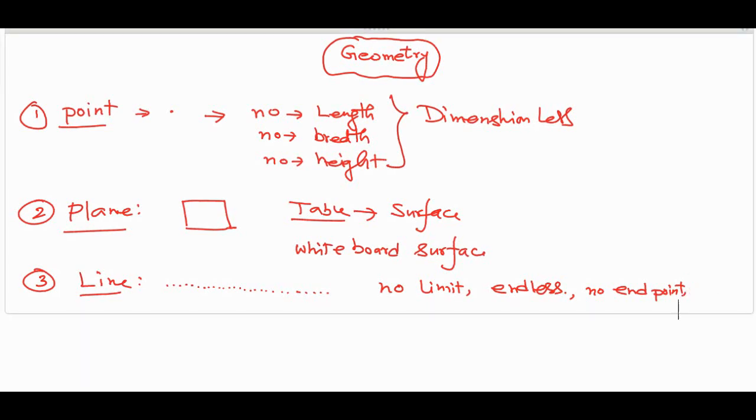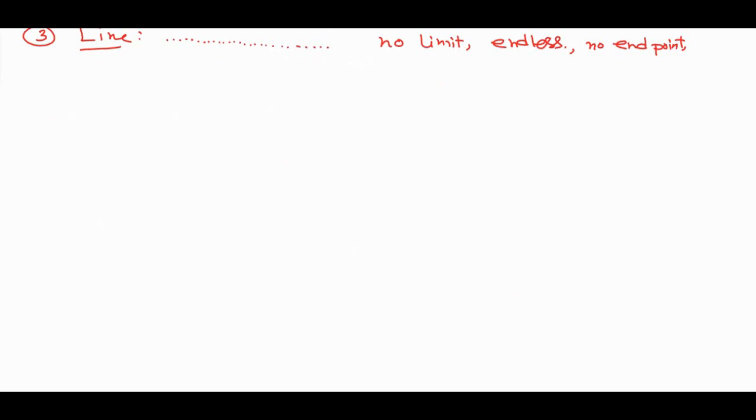Now, the next thing is line segment. Line segment means part of the line. Suppose this is an infinite line. Between this, this is A point, this is B point.